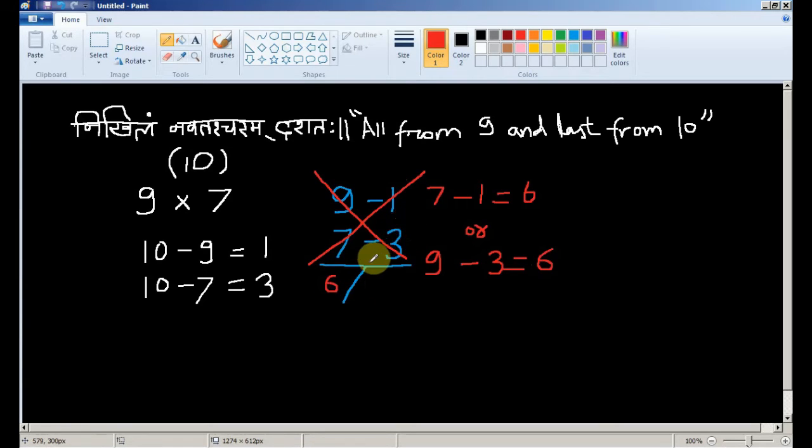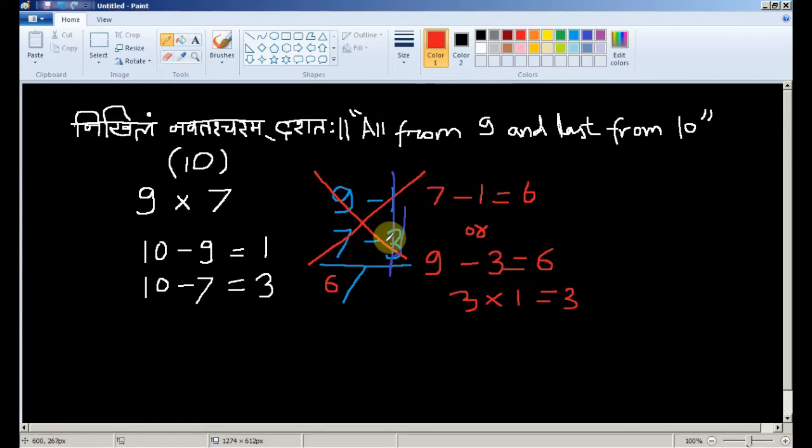And to find the second number, what you have to do is multiply vertically. So that will be 3 into 1 equal to 3.